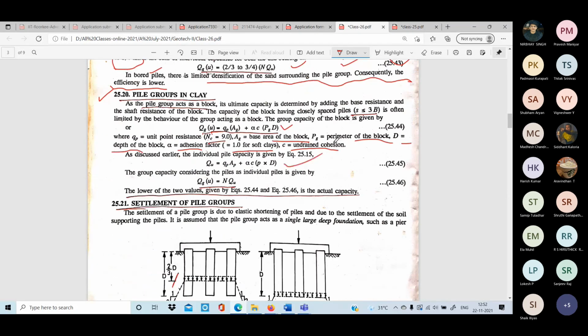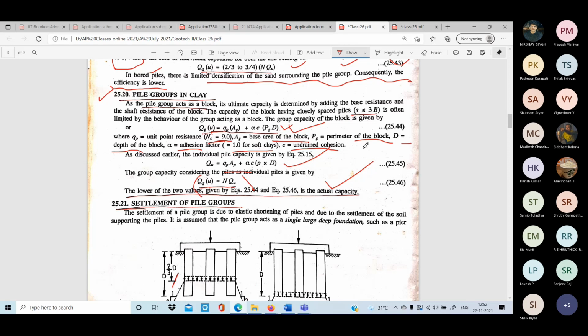So likewise, we can find the individual and the block, and finally we can find the efficiency. Like in the previous case, NC we take as 9 here. At the tip we are measuring, and at the surface also we are measuring.